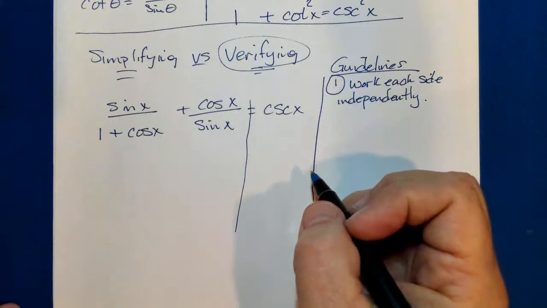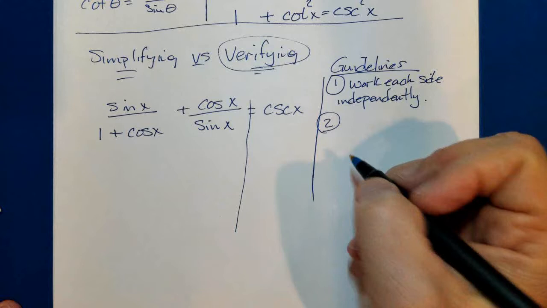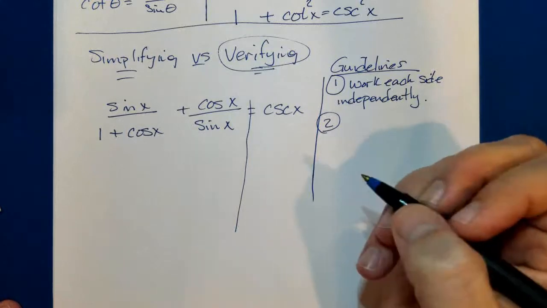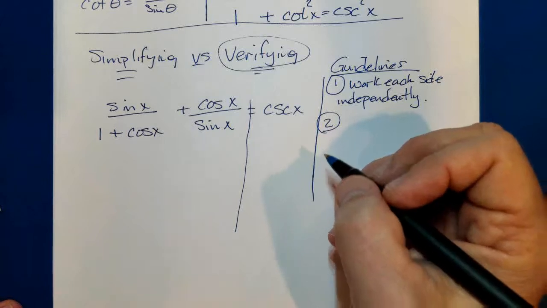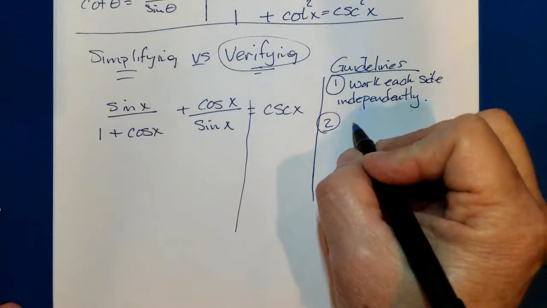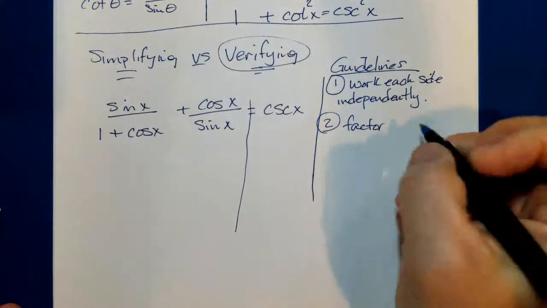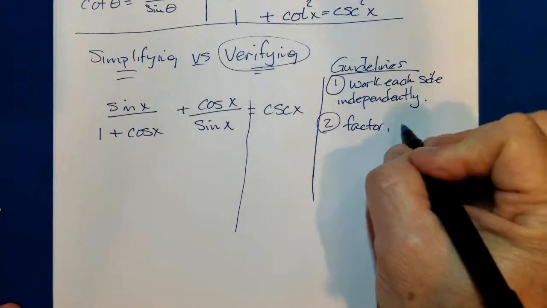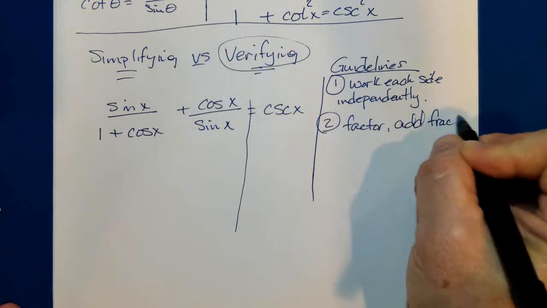Now, there are a few different ways to do that. We want to factor, add fractions, square, find a common denominator, perform the operation. Whatever it tells us to do is what we're going to do. Okay, so if it says factor, then factor it. If it says add the fractions, then add the fractions.